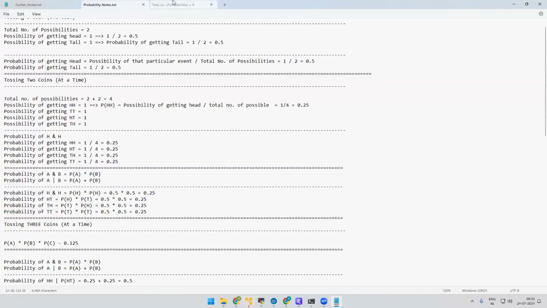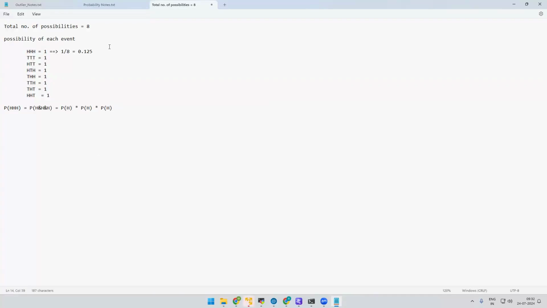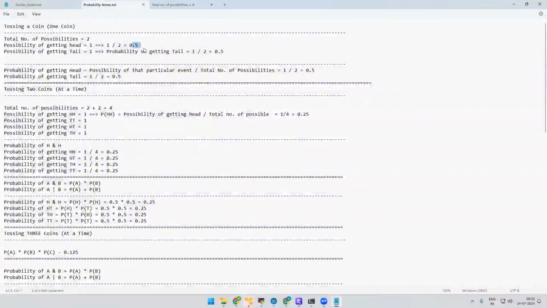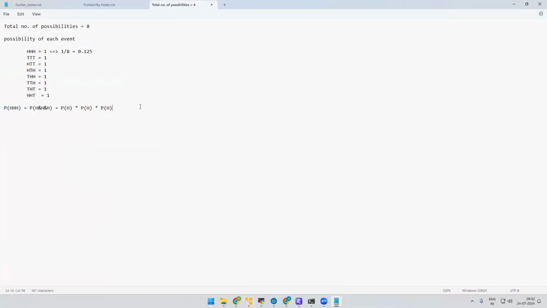Now, what is the probability of H for a single coin? It is 0.5. Probability of tail is again 0.5. So 0.5 into 0.5 into 0.5. What is that? 0.125. So it matches with this value. With the help of this formula, it doesn't matter how many coins we have.